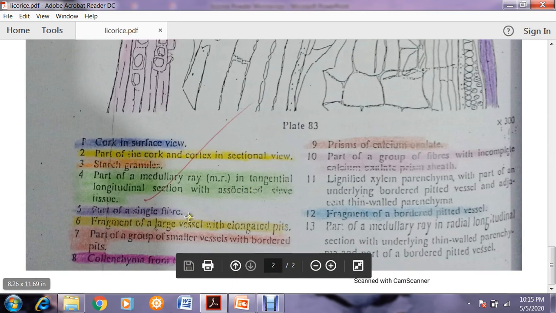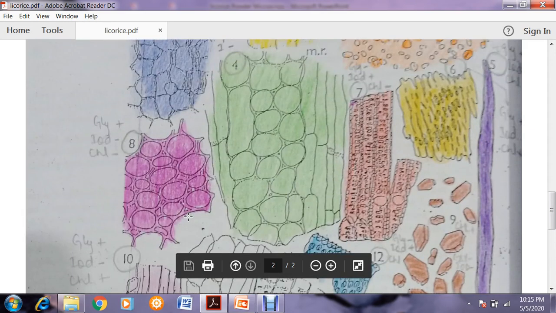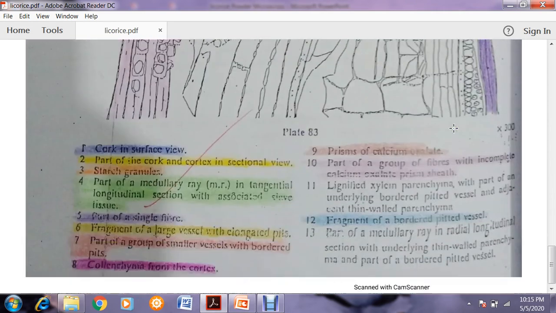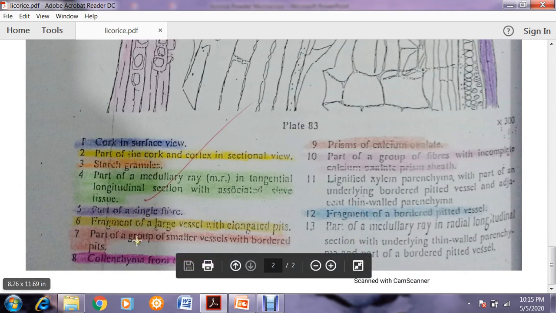Now number 6, this is a part of a vessel with coagulated pits, and the number 7 is part of smaller vessels with broader pit.